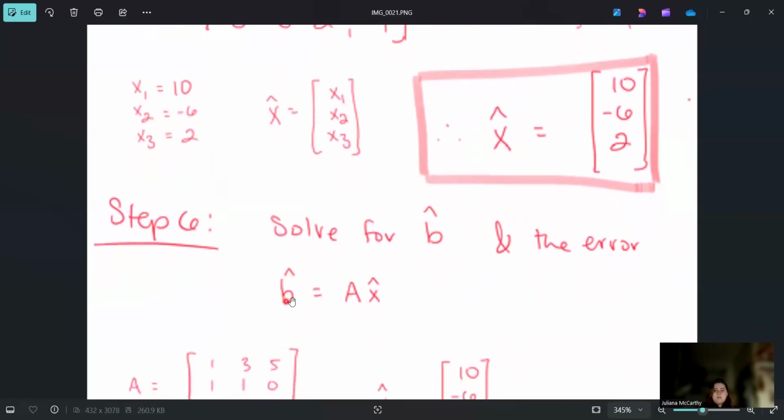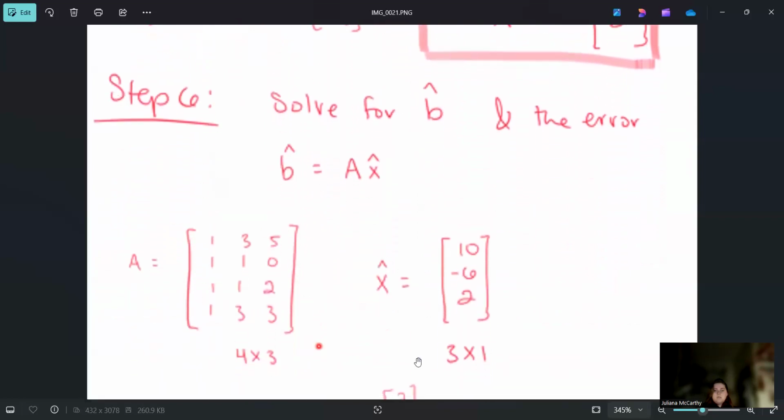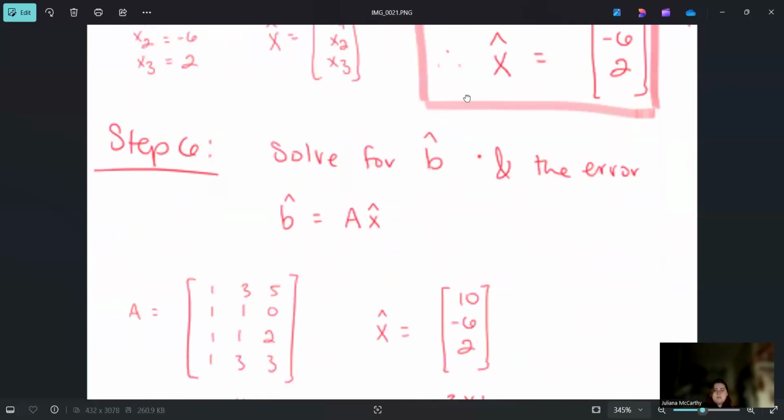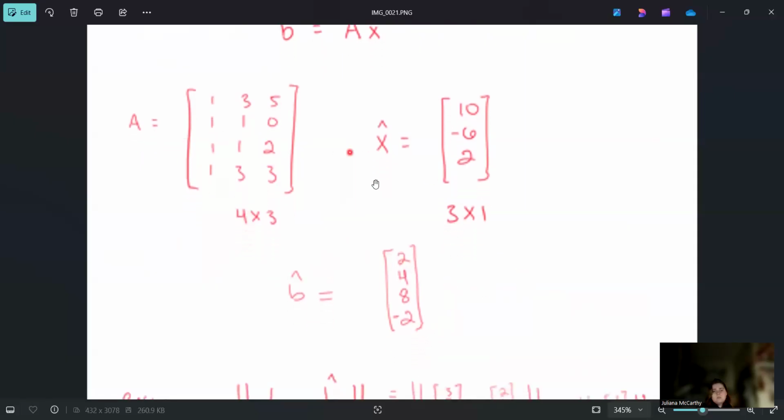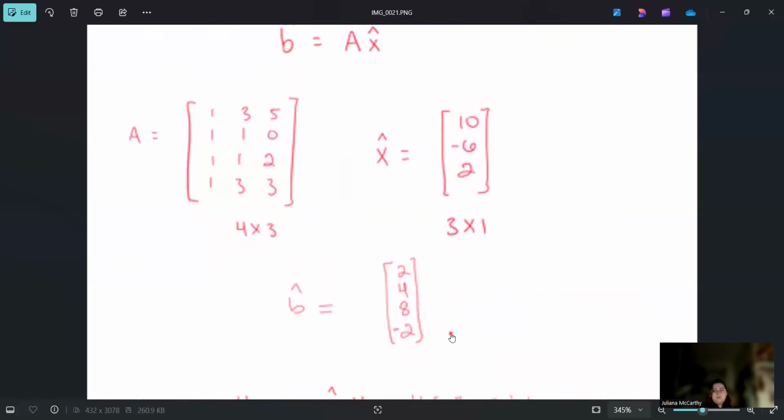So to solve for b hat, it's b hat equals A times x hat. A was given to us, x hat we just solved for. So multiplying these two matrices, this is a 4x3, this is a 3x1. We can multiply them because they both have 3's in the middle. So we're going to get a 4x1 matrix. And once you multiply it, you're going to get 2, 4, 8, -2. So this is b hat.